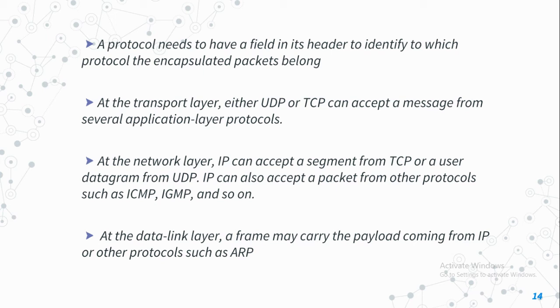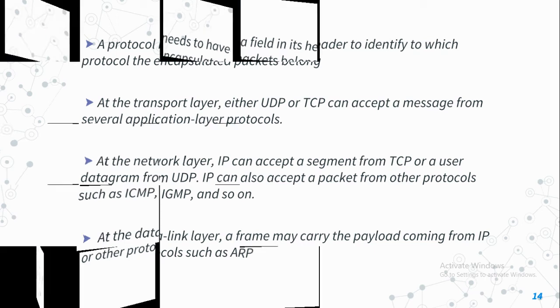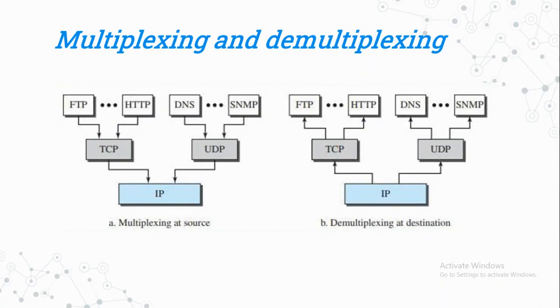The internet protocol can also accept a packet from other auxiliary protocols. At the data link layer, a frame may carry the payload coming from the internet protocol or other protocols such as the address resolution protocol. Here the multiplexing and demultiplexing process is given.